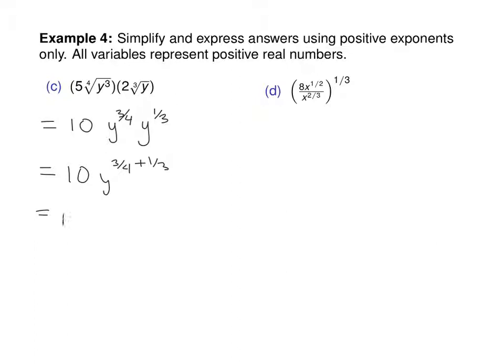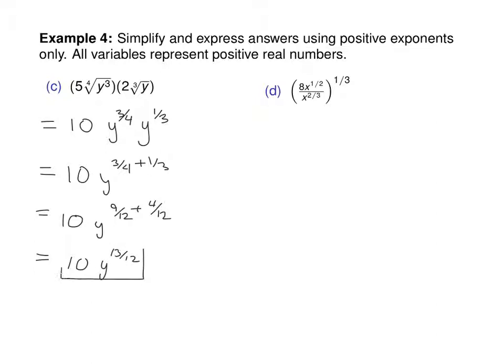So what is the common denominator going to be? 12. So 3/4, making that into 12ths is 9/12, right? Mm-hmm. Making 1/3 into 12ths is 4/12, right? So that's 10y to the how many 12ths? 13/12.